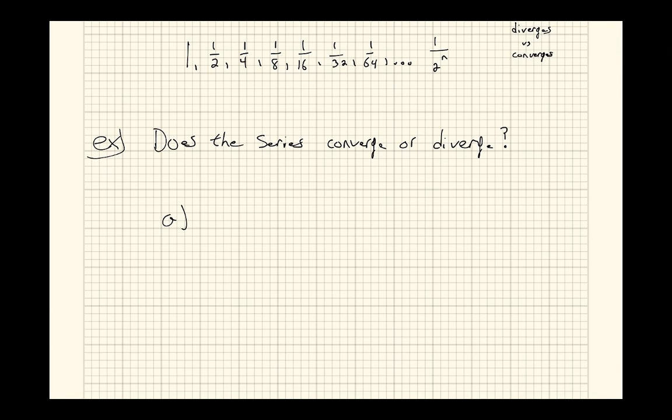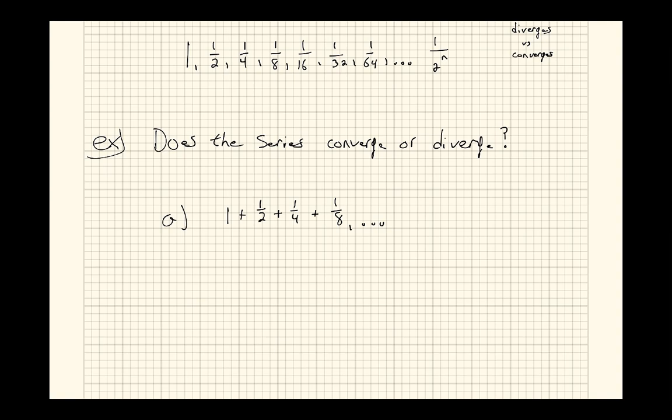Let's say I have 1 plus 1/2 plus 1/4. This is that example we just went over, so this is kind of silly, but we are going to find its sum. This is an infinite series that will continue to go on forever. Does it converge or diverge?